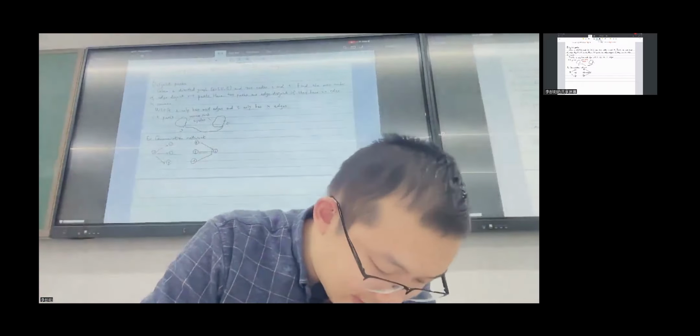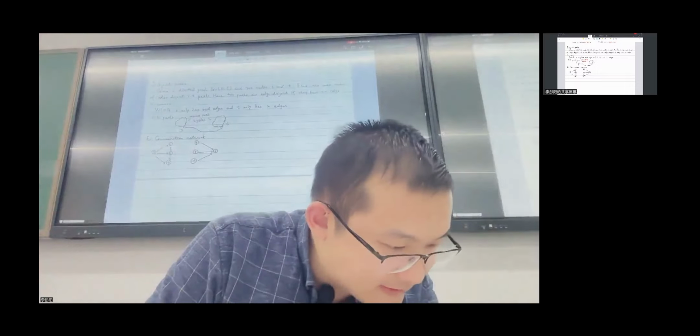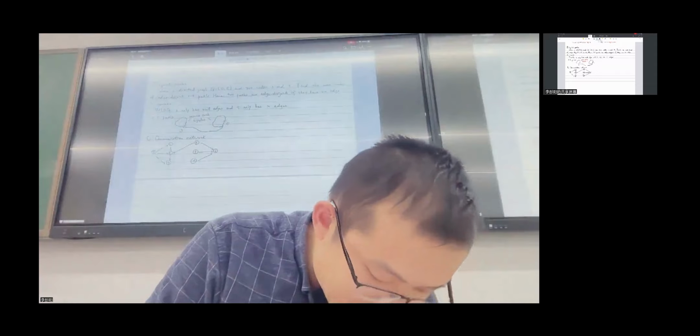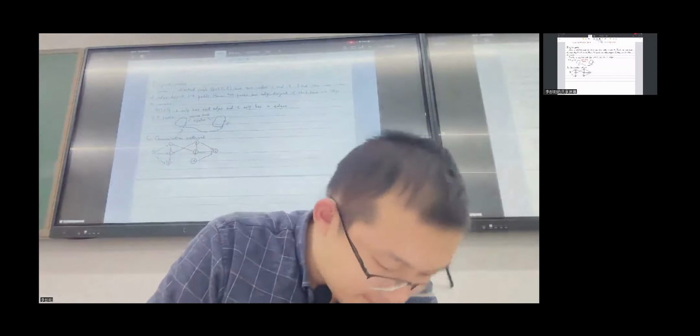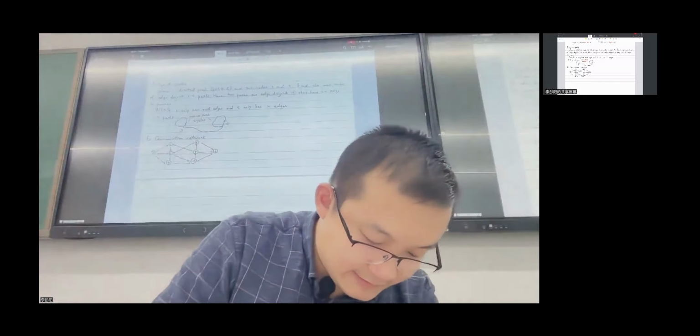Let me actually draw some of the edges here. In the middle here, the direction of the edges can be a little bit arbitrary. So maybe for instance, something like this.